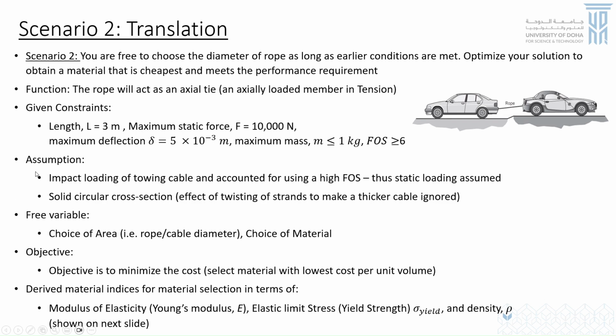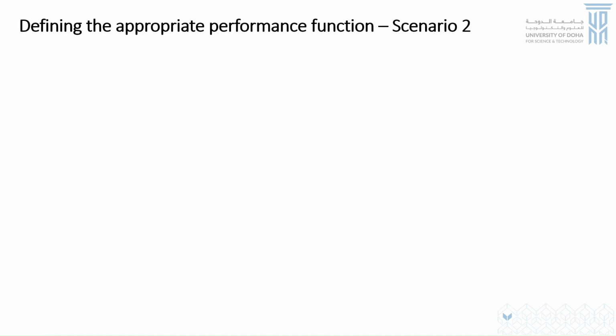For example, the modulus of elasticity will be linked with deflection, the elastic limit stress, the yield strength, will be linked with the force and the area, and the density will be linked with the maximum mass that is acceptable. Of course, all of this has to be done in relationship to the area being a free variable. So let's now look into that.